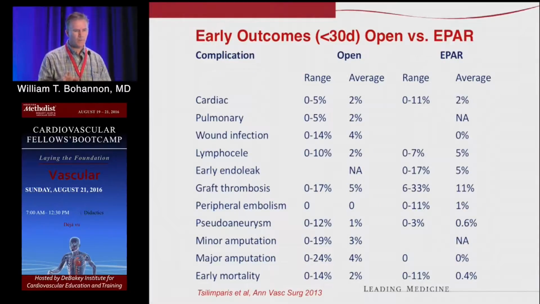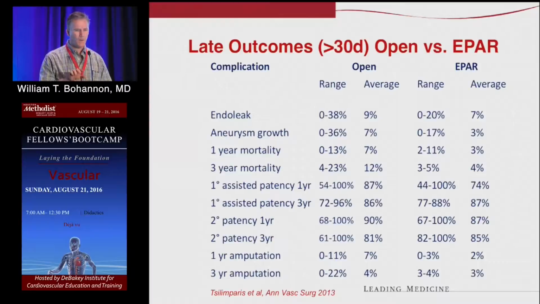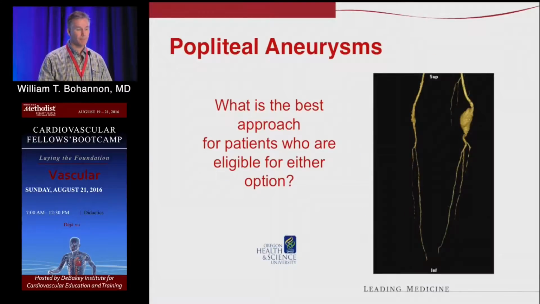And looking at the open versus the endovascular, early-wise, the graft thrombosis may be a smidge more in the endo group, but you also have to look at the aneurysm growth. Patencies may be a little bit better in the open side, but overall are not too bad.